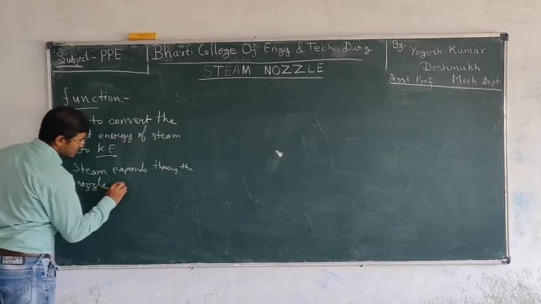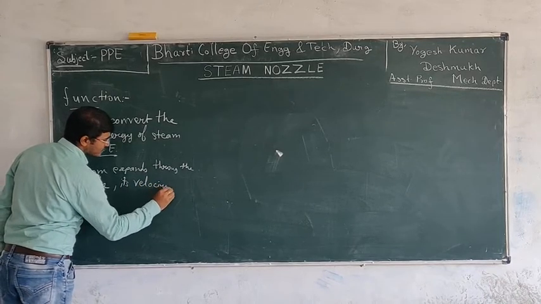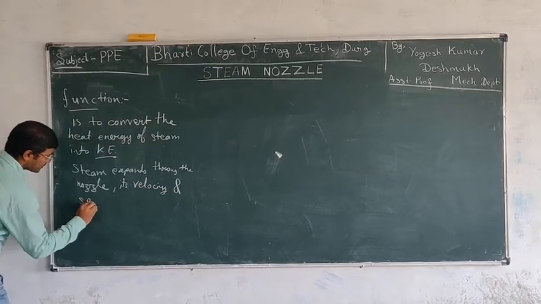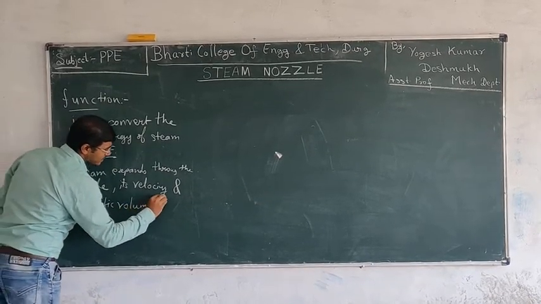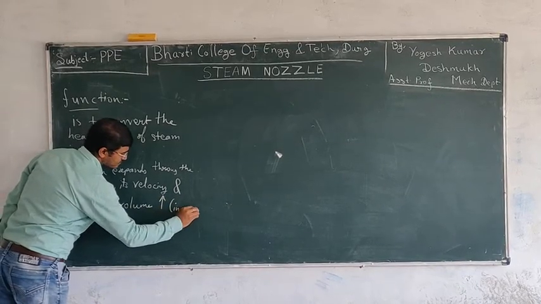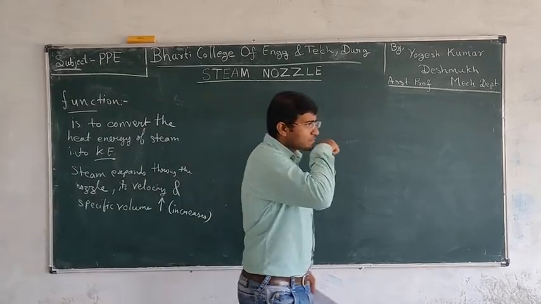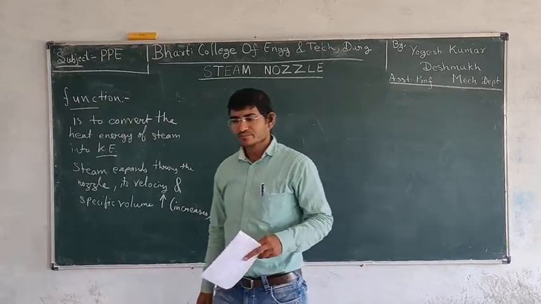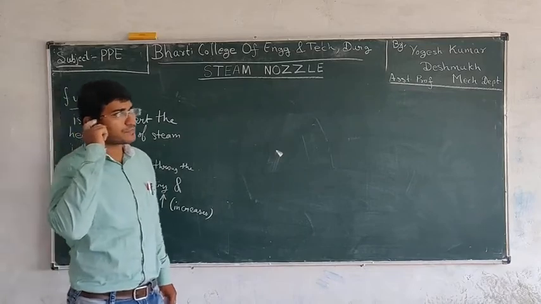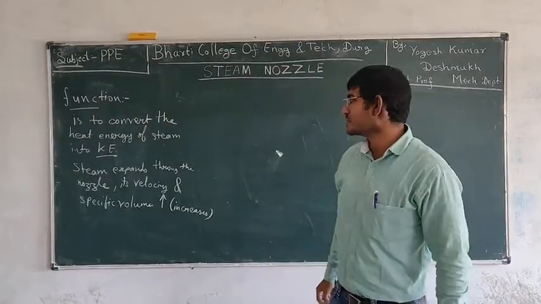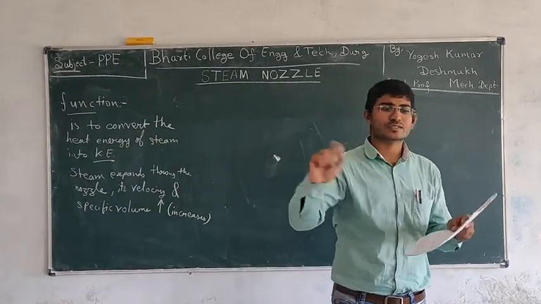Its velocity increases, and velocity and specific volume increase. The weight of steam per second flowing across any section of the nozzle is constant; in a nozzle, the weight of steam is constant throughout at any cross section of the nozzle.